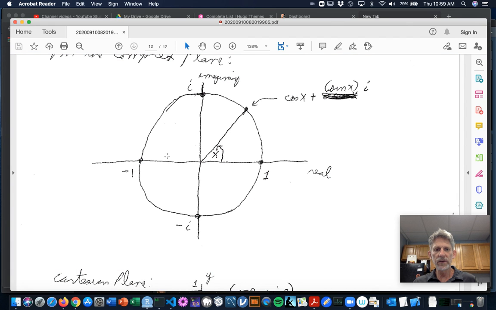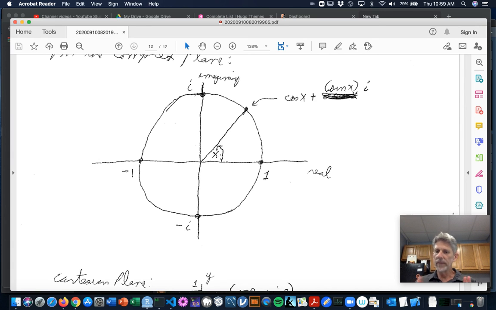Pi radians would point you back here, and there you are at -1. E to the 3 pi over 2: 3 pi over 2 radians is all the way to your pointing down here, and we found it was -I. E to the 2 pi I was 1, back around again. E to the ix just lands on the unit circle x radians away from the positive real axis.